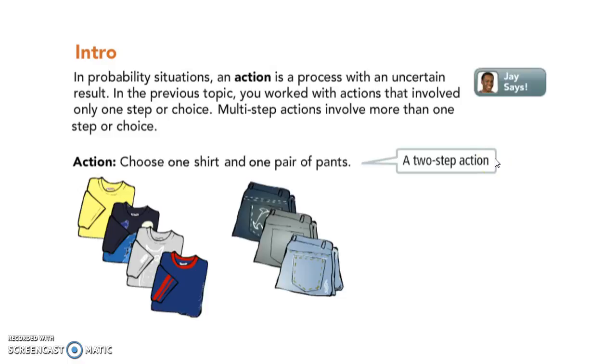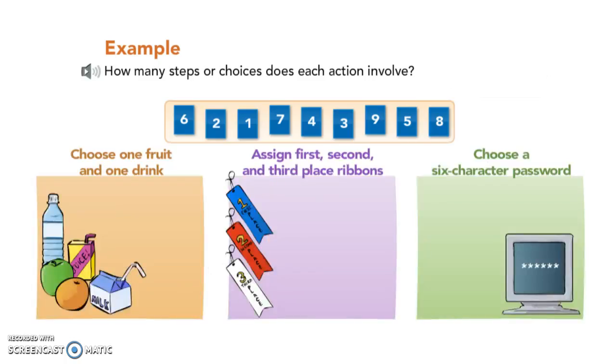Whereas so far we've just been talking about rolling a number cube once, spinning a spinner once, flipping a coin once. All right, so let's look at how many steps does each action involve. Choose 1 fruit and 1 drink. How many decisions are we making? 2. So that's a 2-step action.